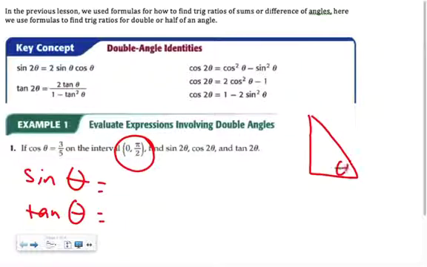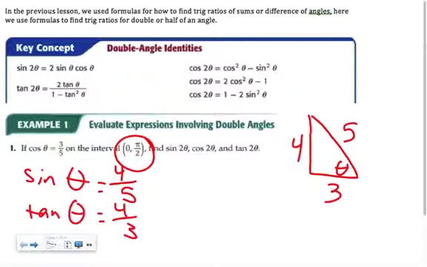Remember how we did that? If this is my theta and the cosine of theta is 3/5, then the adjacent side is 3, the hypotenuse is 5, and the missing side length would end up being 4. So the sine of theta is 4 over 5 and the tangent of theta is 4 over 3.